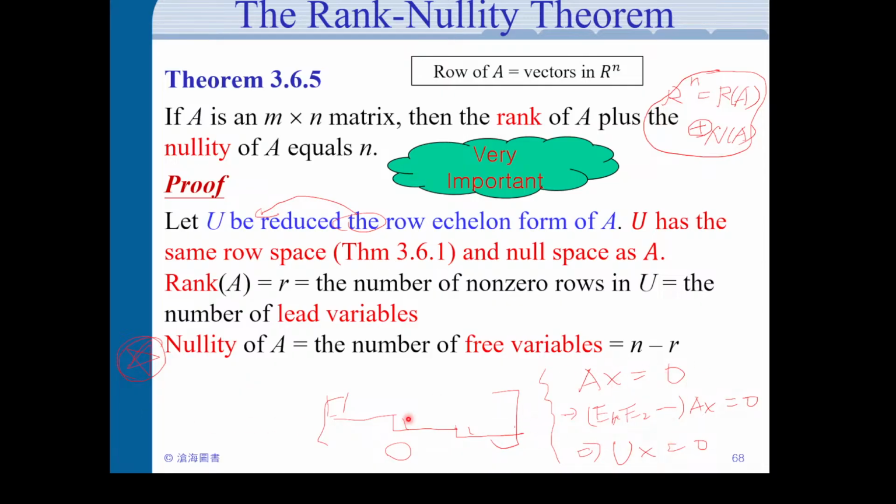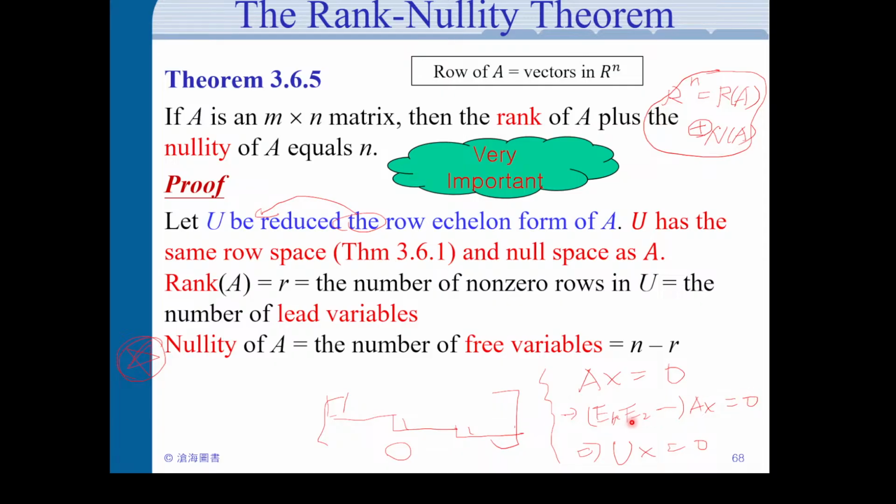Remember U can be obtained from A by doing a whole bunch of row operations, which means multiplying a whole bunch of elementary matrices in front of A. So those E's times AX equal 0, because a zero vector multiplied by those elementary matrices is still the zero vector.